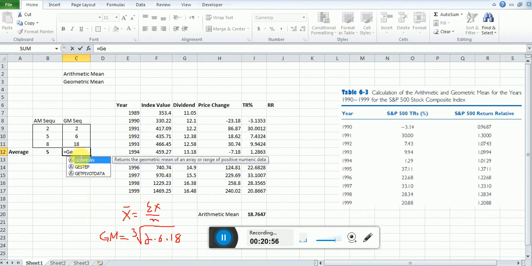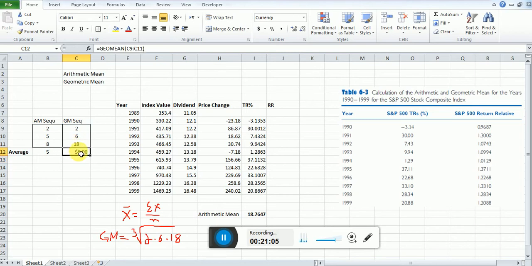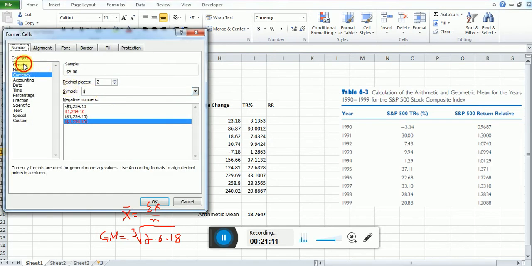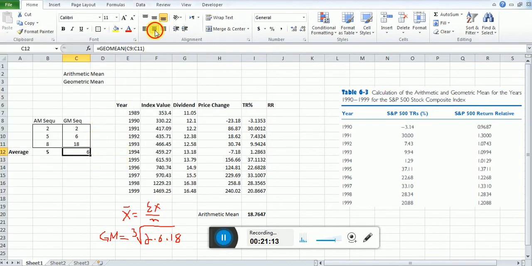Just write geomean and double click and just select this data. Okay, dear students, look, this is giving us exactly the value in between, but this value has not been given by the arithmetic mean.